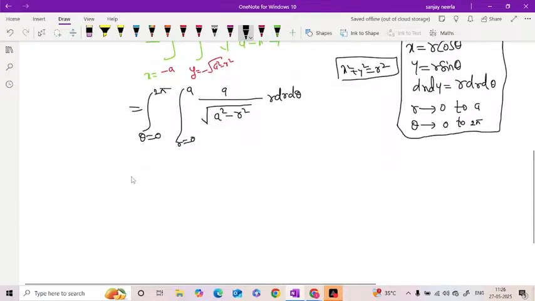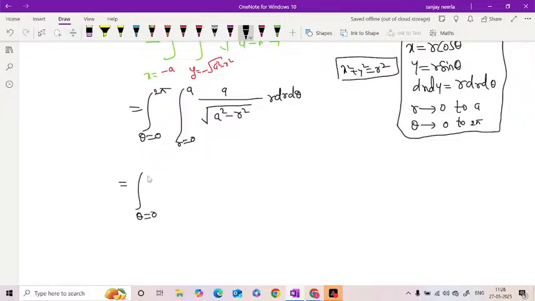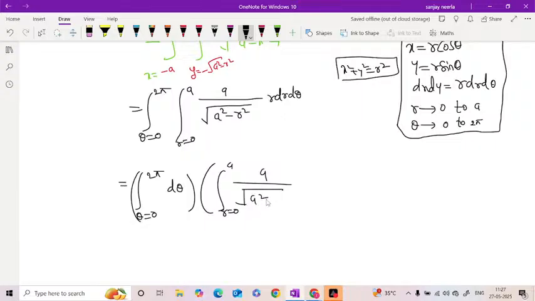Now this double integral we can split into two single integrals, integral 0 to 2 pi d theta, and integral 0 to a of a r by under root of a square minus r square dr.